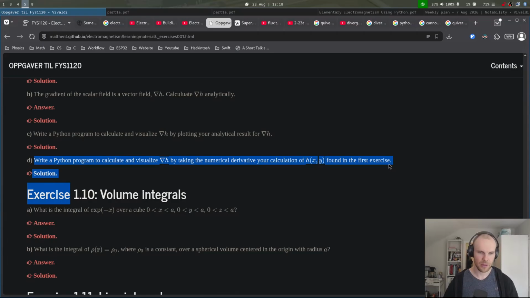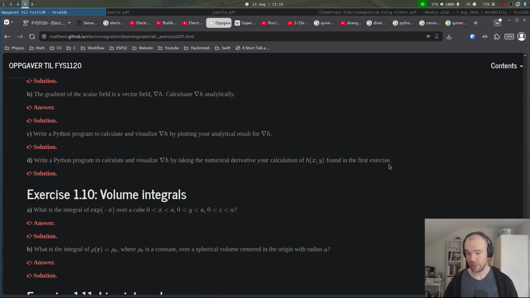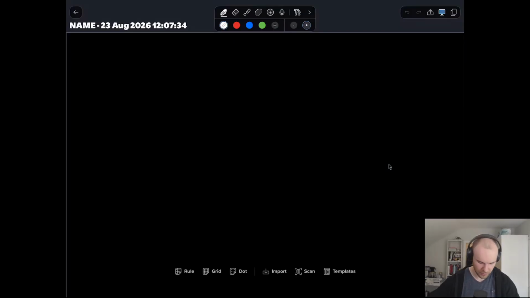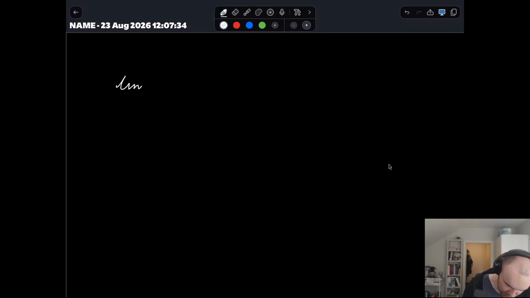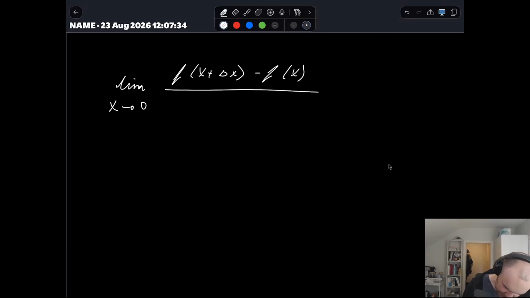Yeah, so you can do the same thing with just the numerical derivative. And that should be pretty easy, right? Numerical derivative, right? We can make an approximation. So if I took the limit as delta x approaches 0 of f of x plus delta x minus f of x, divided by delta x, that is f derivative of x.